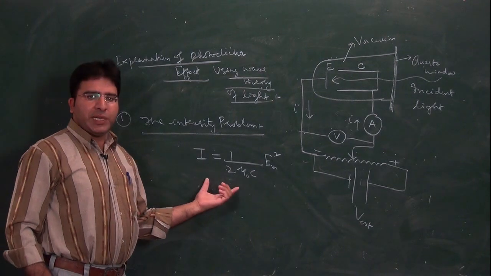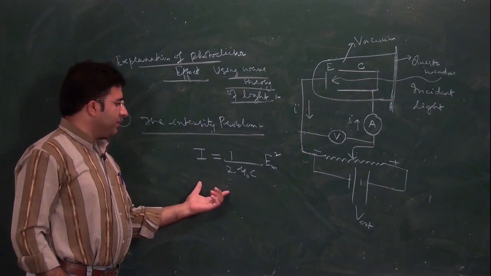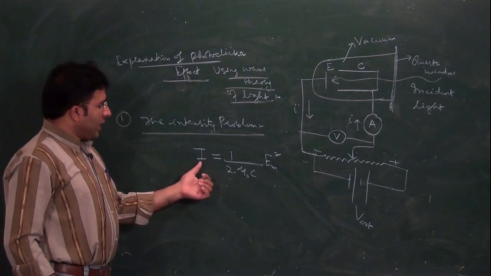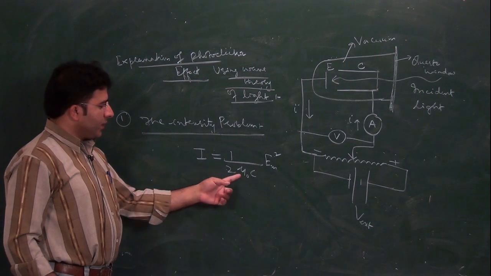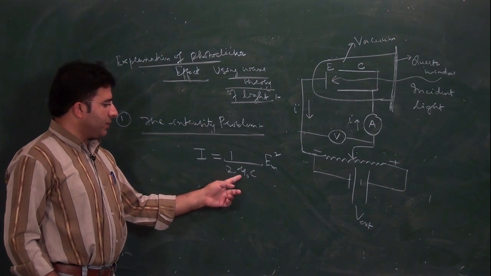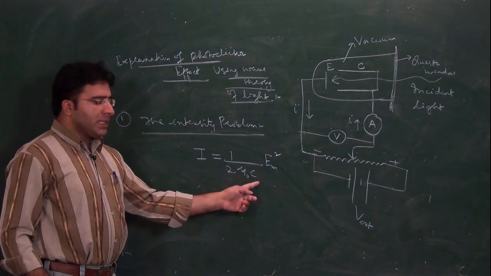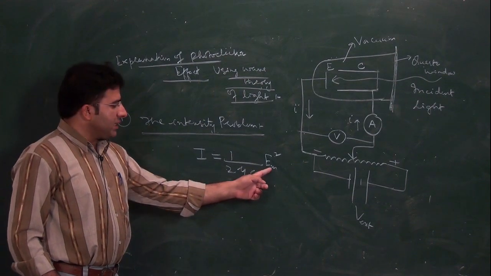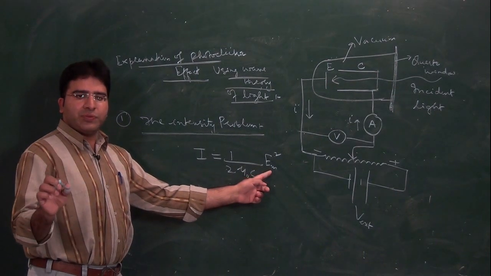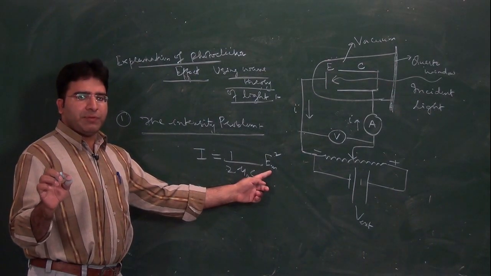This is the expression for intensity of electromagnetic wave. I here is intensity. Mu naught is permeability constant, permeability of free space. C is speed of light in vacuum. What is E m? E m is the maximum value of the electric field, amplitude of the electric field in the wave.